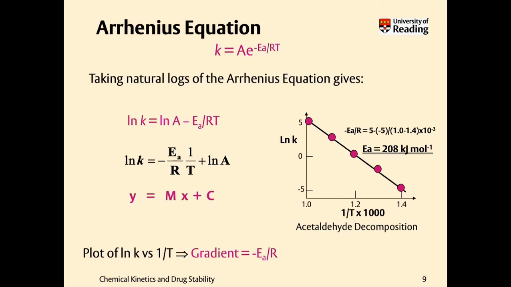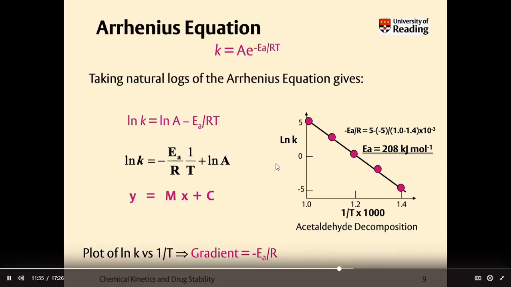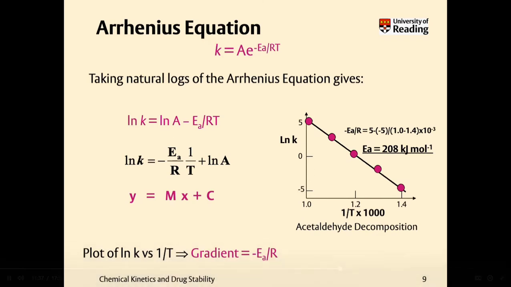So it's natural log of k against 1 over T. And you'll see that that's a straight line. And we can get the activation energy from the gradient of that line, because the gradient equals minus EA over R, where R is the gas constant. Okay, so that allows us to work out the activation energy.